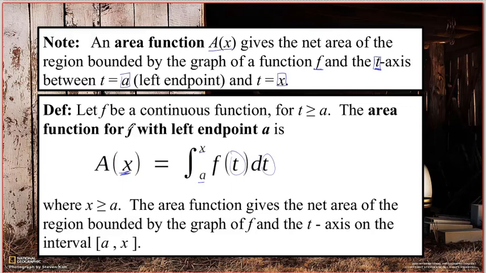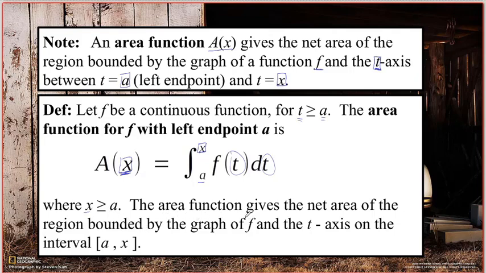So our definition is: for a continuous function f and some t value greater than our starting point on our interval, the area function is this definite integral from a to x of our function. Keep in mind that x is our variable that our area is being determined in terms of, so we want x to always be greater than or equal to a.